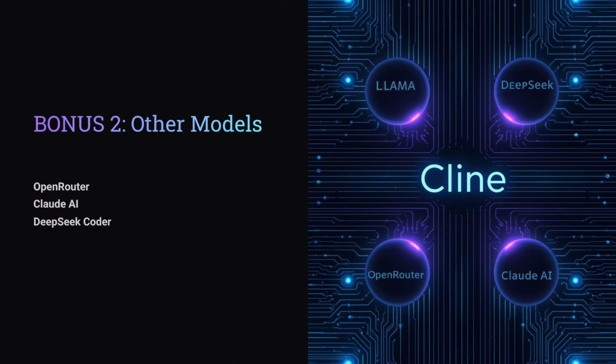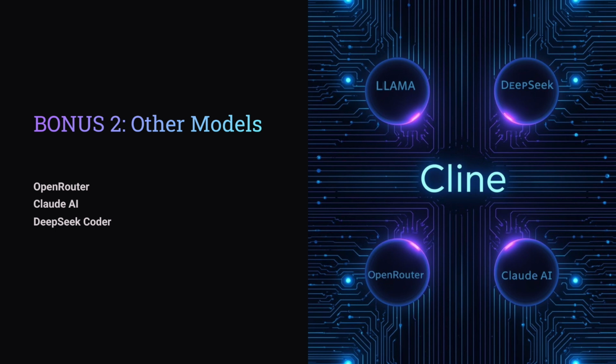Cline is flexible because it can connect to many different AI APIs, not just one. You can use OpenAI, Anthropic Claude, Google Gemini, Grok for super-fast inference, or DeepSeek for low-cost and generous free usage. There are also community-friendly options like LM Studio or Ollama that let you run free local models on your own machine.